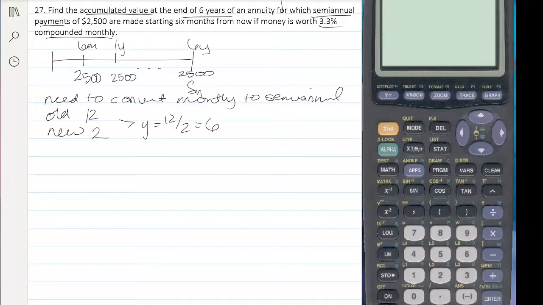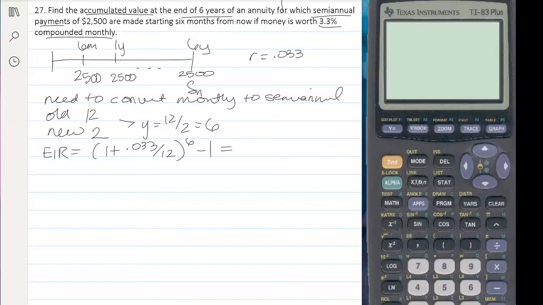It also means that our effective interest rate is going to be 1 plus 0.033, because that's our r, over 12, to the 6, minus 1, which would give us 0.016613, and that's going to keep going.